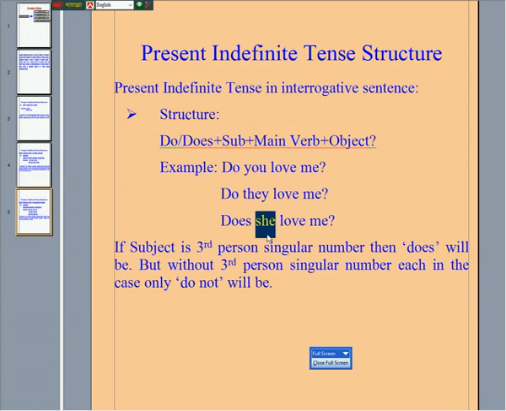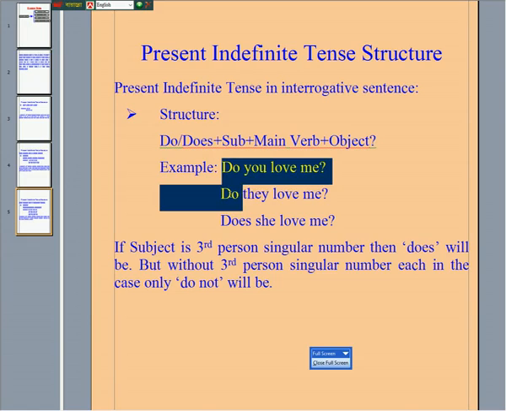But without third person singular number, or with plural subjects, do will be added before the subject.